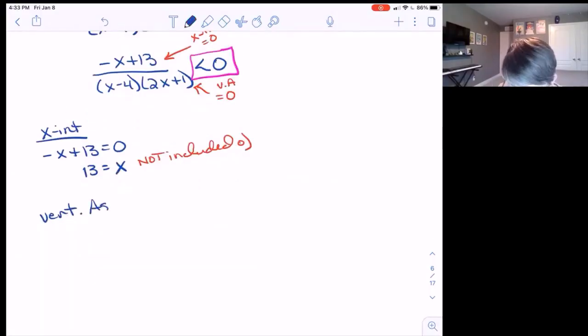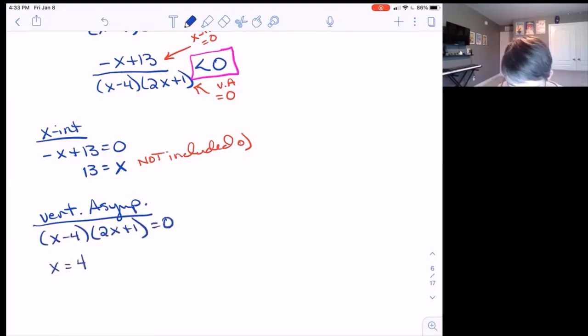Then to find our vertical asymptotes, we are going to set our denominator, which is already factored, x minus 4 times 2x plus 1 equals 0. So that gives us x values of 4 and negative 1/2. Now these denominators are never included. So again, we're going to use an open circle and parenthesis.